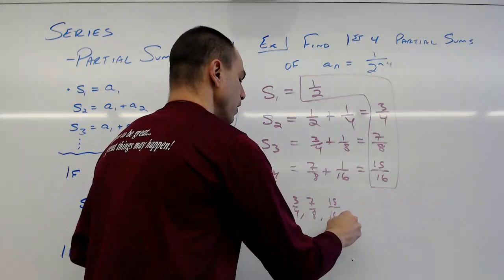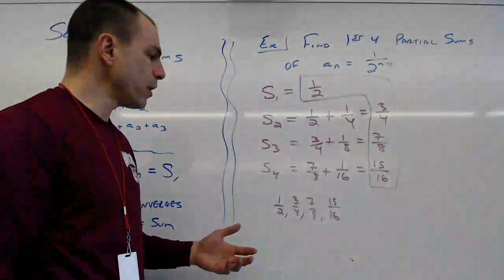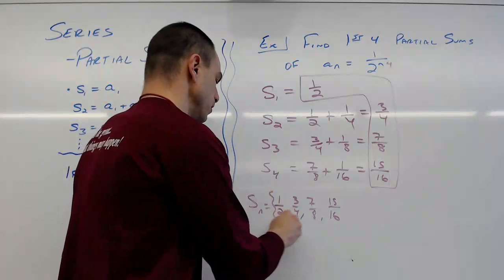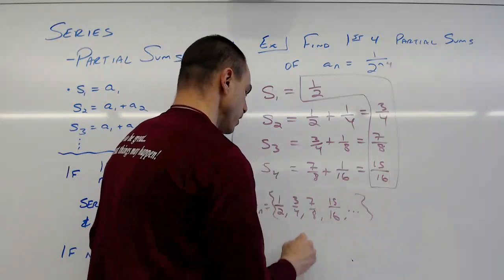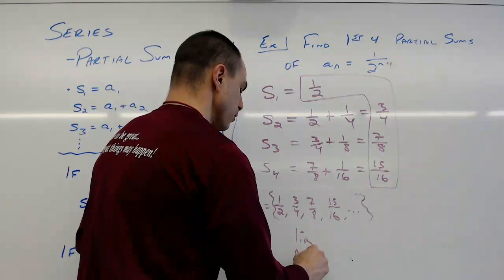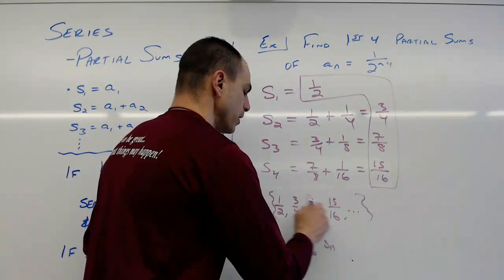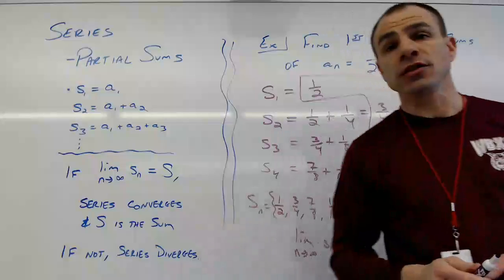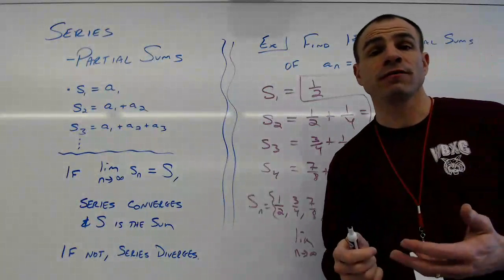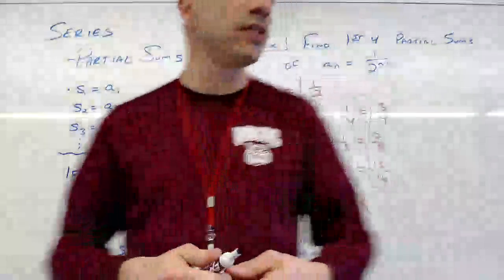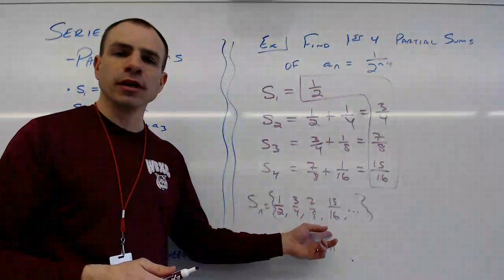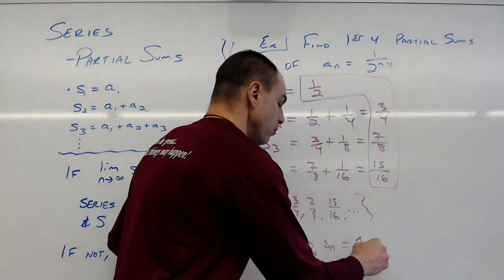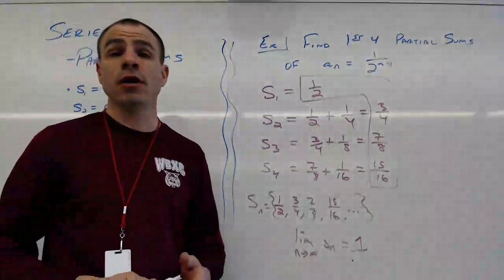The question becomes, what's the limit as n approaches infinity of this sequence? Are these partial sums converging on a certain value? I think we can see that we're going to be getting closer and closer to 1. And so we know that's actually going to be the sum of all the terms.